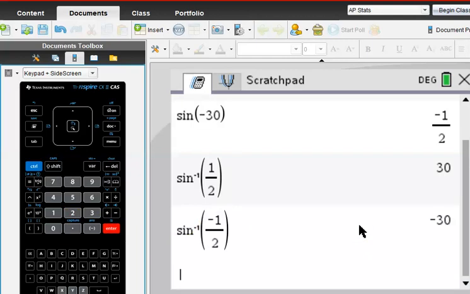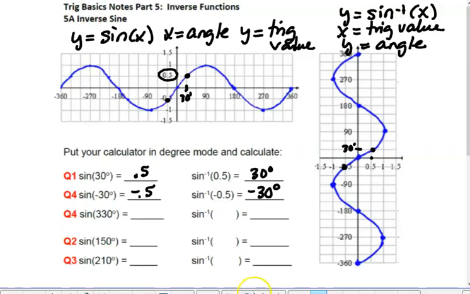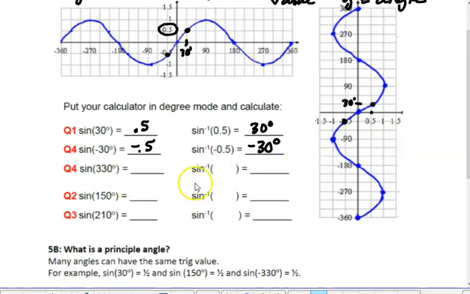That looks good. But what happens if we do something with some different angles? Okay, so let's look at this. Sine of 330. If we go to 330 on our sine graph, we see right here that sine of 330 is -1/2 or -0.5. And if we do inverse sine of -0.5, well, we just did that.